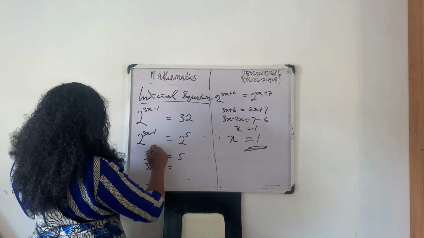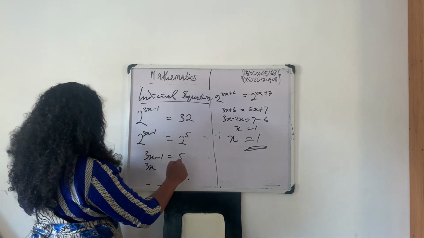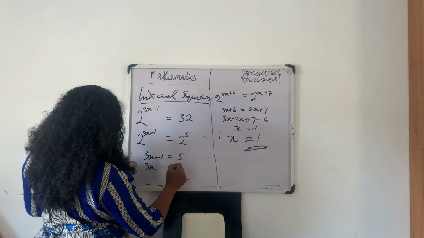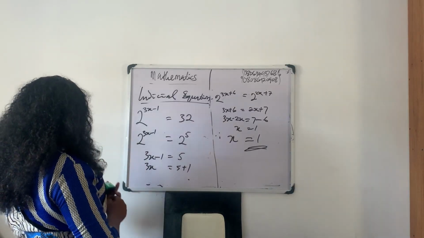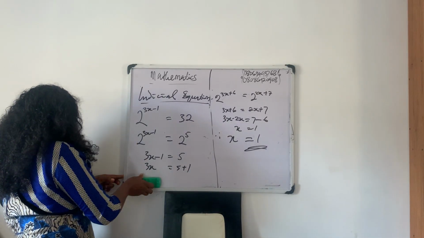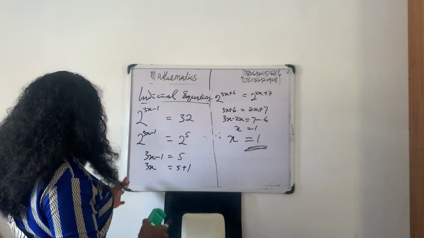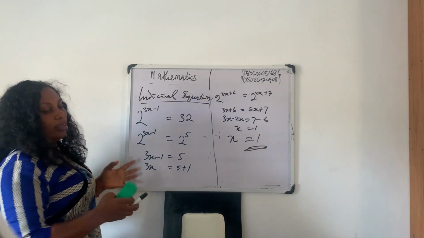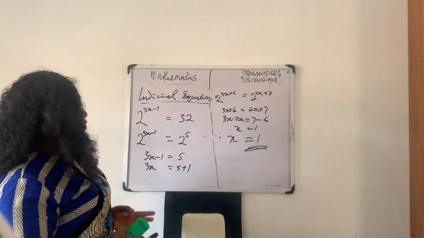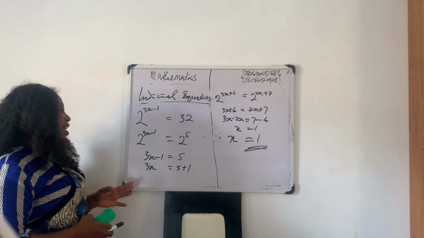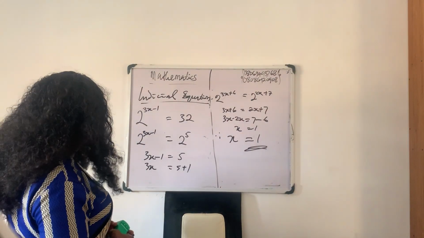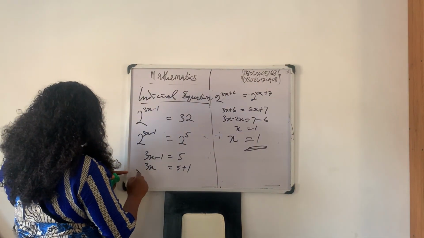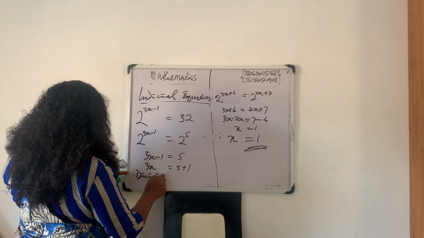3x equal to 5, this minus 1 crossing over becomes plus 1, so 5 plus 1. At this point, what do we do? We divide both sides by the coefficient of x, and the coefficient of x here is 3, because we are looking for a value for x.